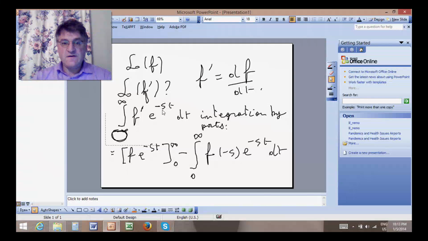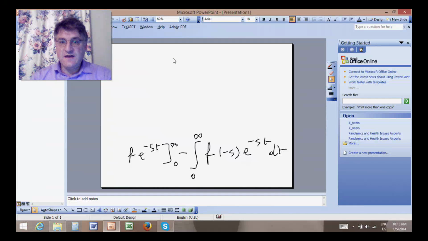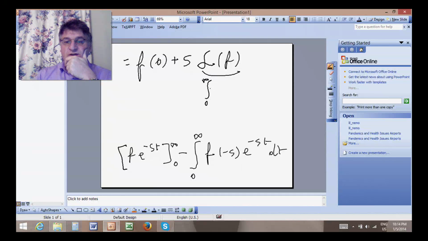Let's do a little bit of cleanup here. And we can write that this integration by parts we can also rewrite as f of 0 plus s times the Laplace transform of f, since this guy is just the integral from 0 to infinity of f e to the minus st dt.